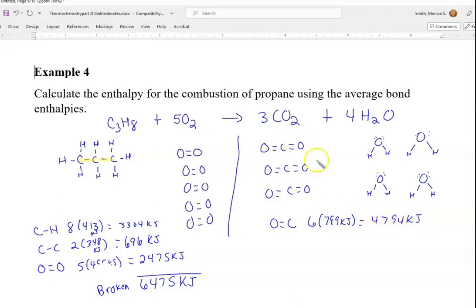That takes care of all those. And then I've got an oxygen to a hydrogen. So oxygen to hydrogen. I've got 1, 2, 3, 4, 5, 6, 7, 8. I've got 8 of those. And that is 463 kilojoules. That is 3704 kilojoules. Now I just add those together. 8498 kilojoules.